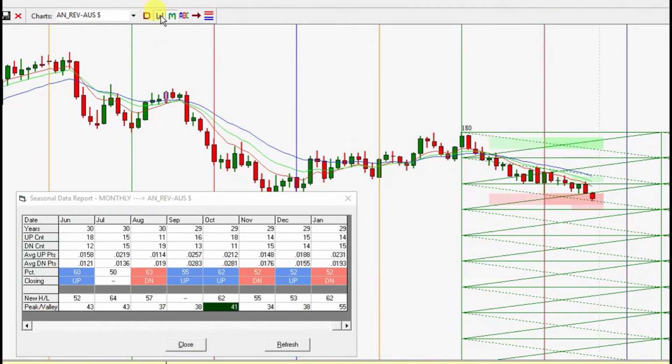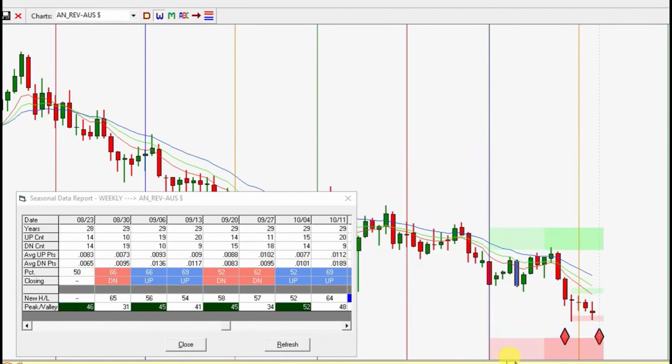And the weekly, if we go down to the weekly chart here, you'll notice that the week of August 30th is normally a bearish week, which obviously it was here. And then the next 2 weeks have been historically bullish in the Australian dollar. And that would be this coming week and the week after.